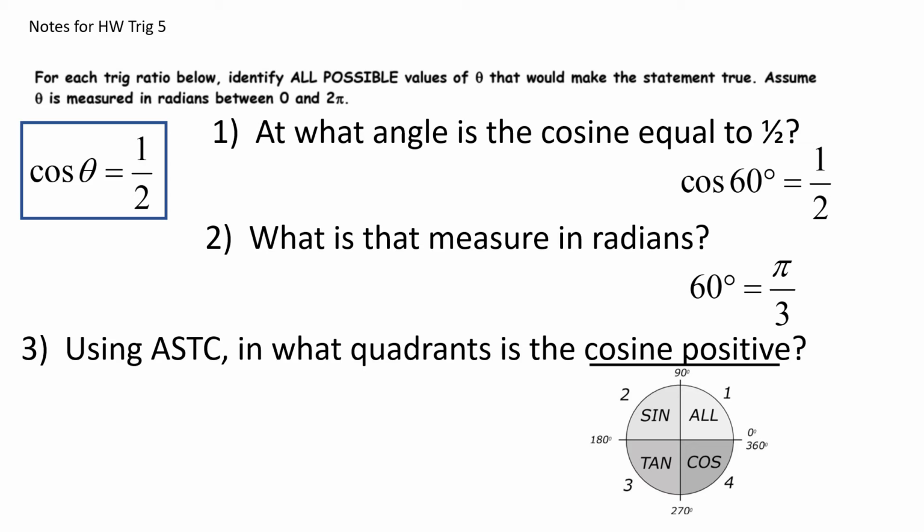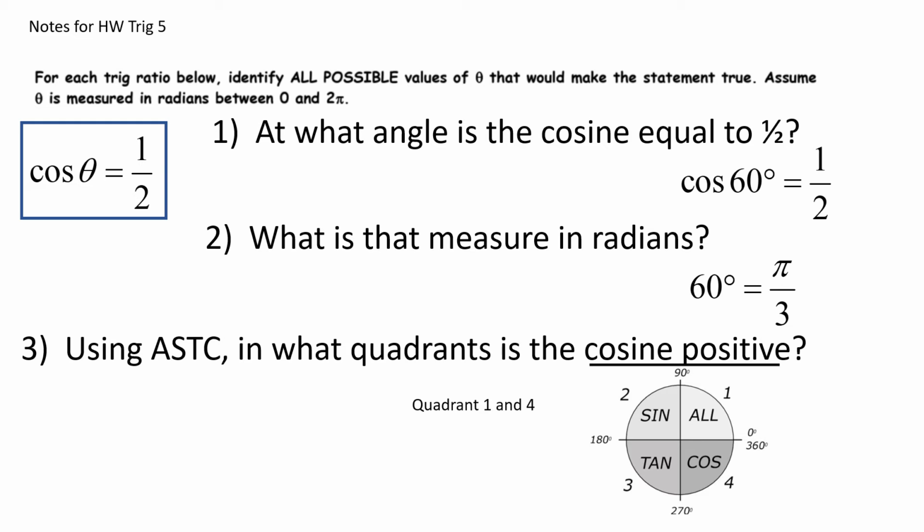So in quadrant 1 the cosine would be positive, but also in quadrant 4 the cosine is positive. So in quadrant 1 it would be pi over 3, because that's what we had determined, that the cosine of 60 degrees is a half.